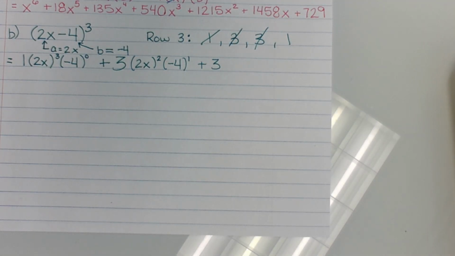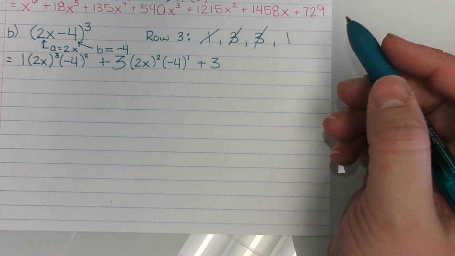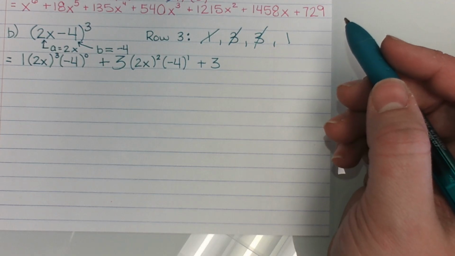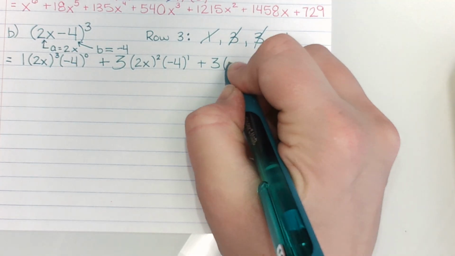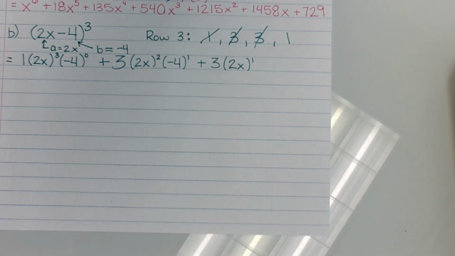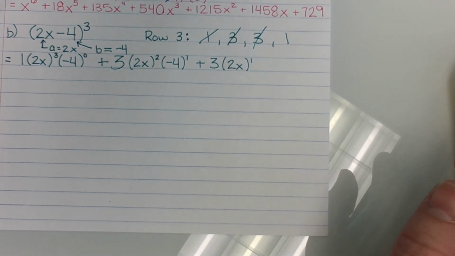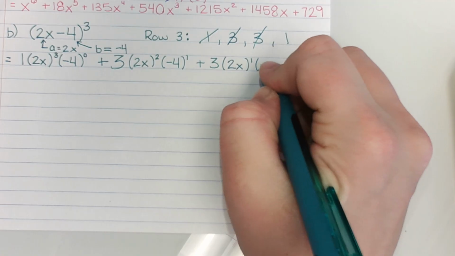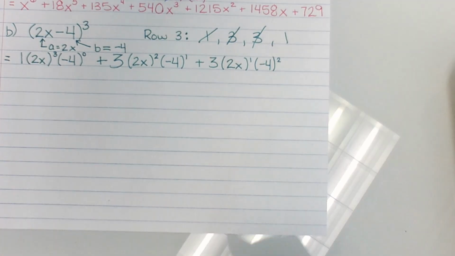What's the first piece of what goes with that 3, Veda? To what power? 1. Good. Miriam, what else goes with that? -4 squared.